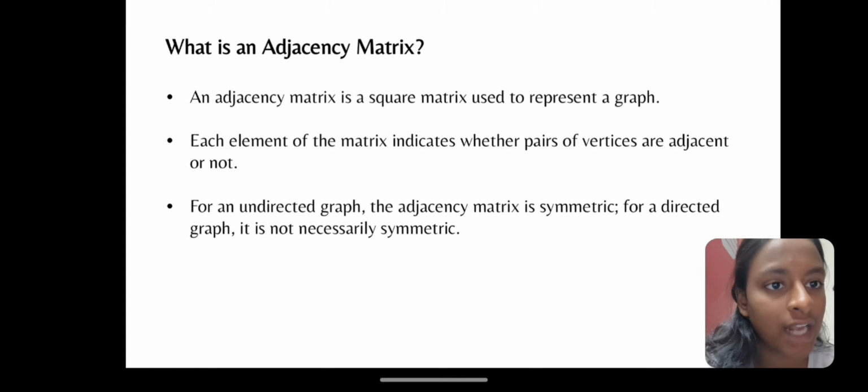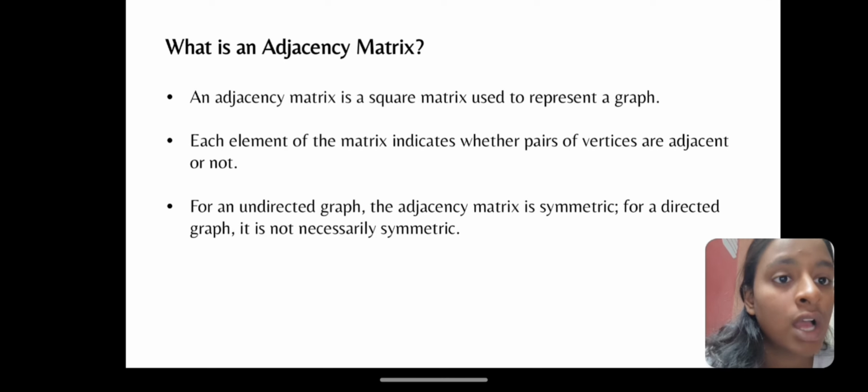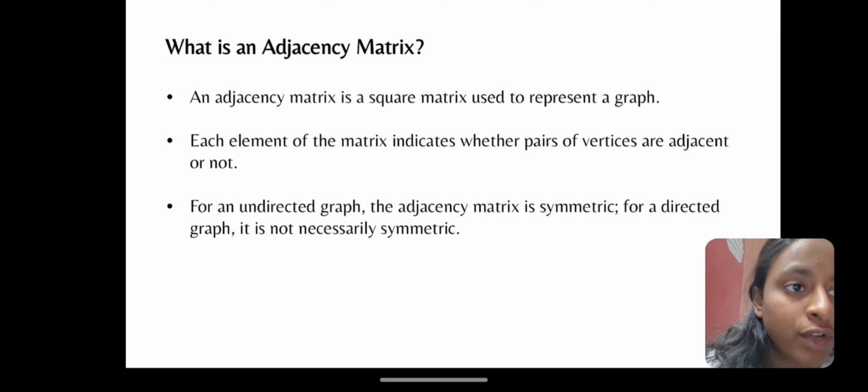For an undirected graph, the adjacency matrix is symmetric. Let us take the adjacency matrix as A. If it is symmetric, then it has to prove the statement that A should be equal to A inverse. For a directed graph, it is not necessarily symmetric. It can be symmetric or asymmetric.